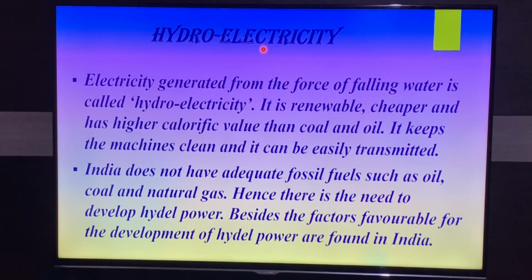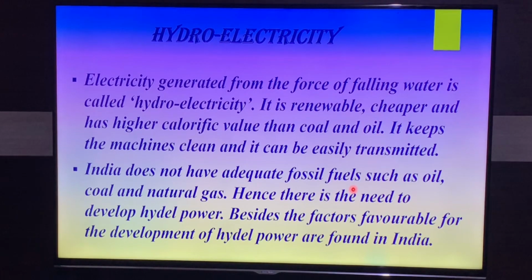Hydroelectricity means electricity generated from the force of falling water. It is renewable, cheaper and has higher calorific value than oil and coal.